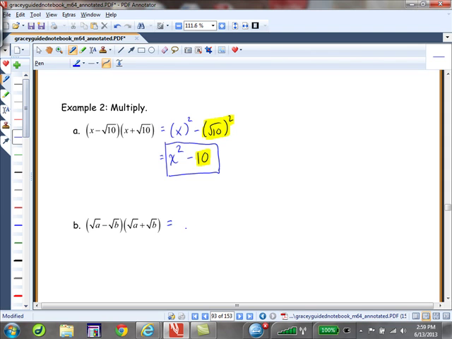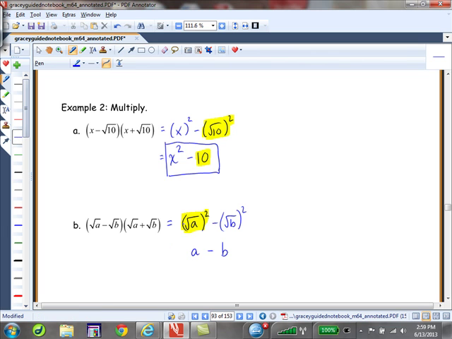Okay, so the first, again, is a difference of squares situation. So we'll have root a squared minus root b squared. So root a squared will be a. And root b squared will be b.